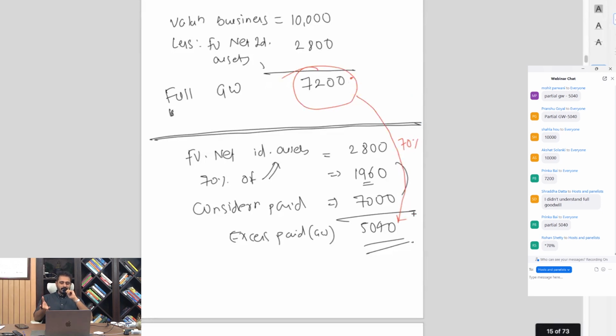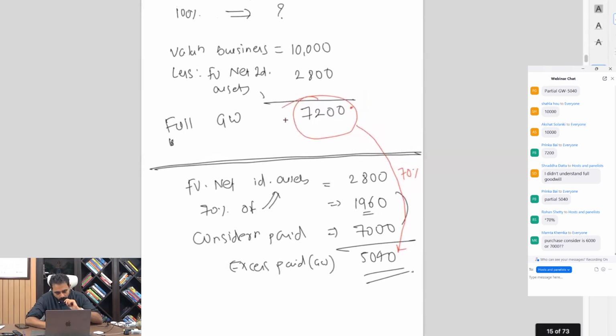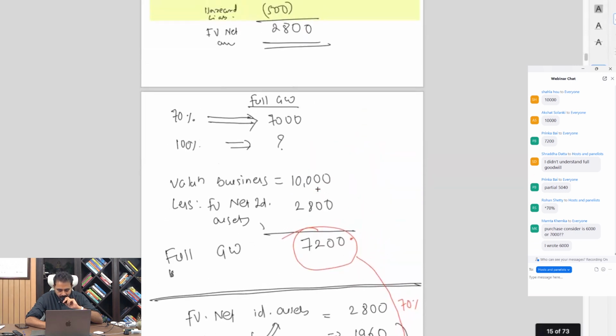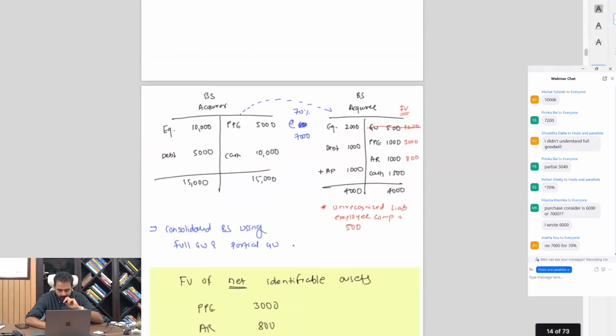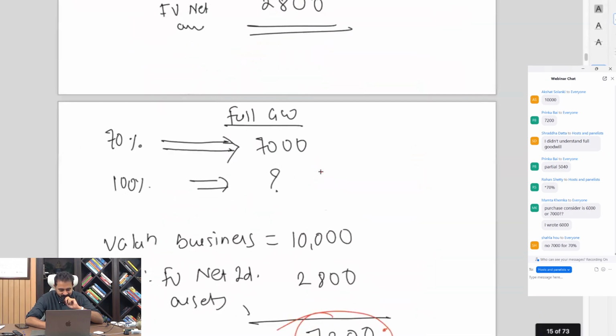Because in one case, I'm going to add the whole 100% of the goodwill on my books. In one case, I'm going to add only the 70% of that part into my books. So if you just know how to do full goodwill, you can always figure out how to calculate partial goodwill. Now, purchase consideration is 7,000. Apologies for my handwriting, but it is what it is. Too late to change for me now.